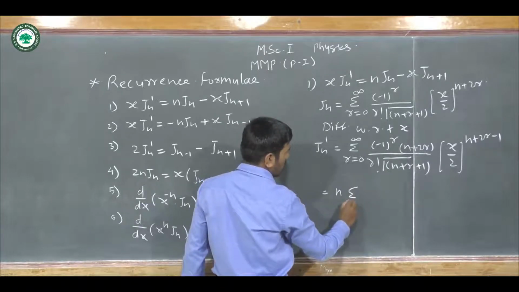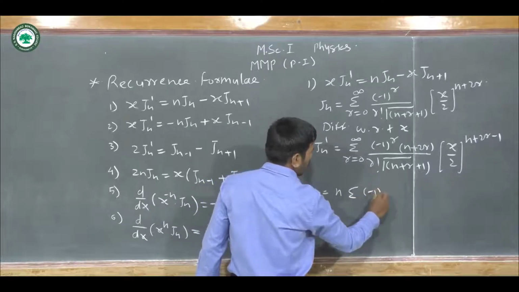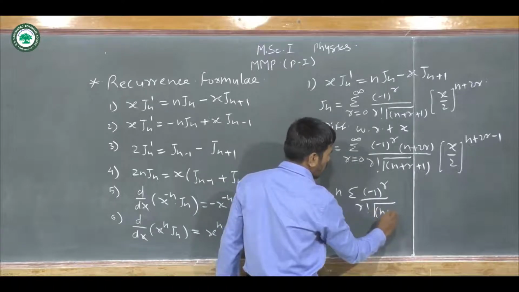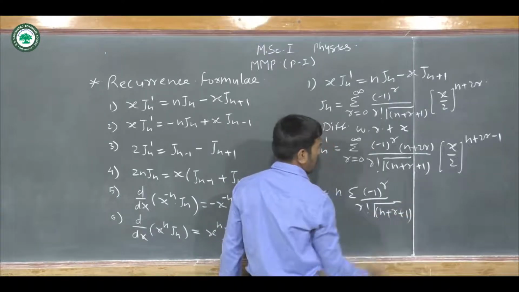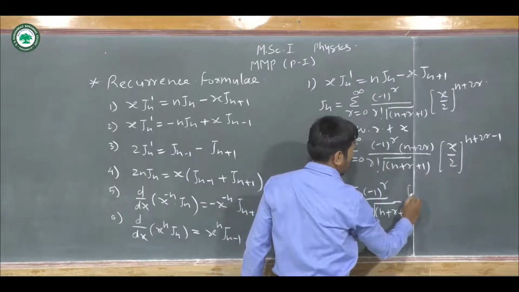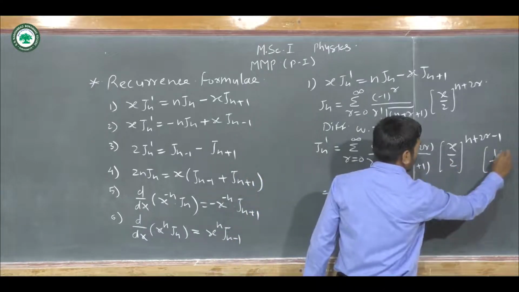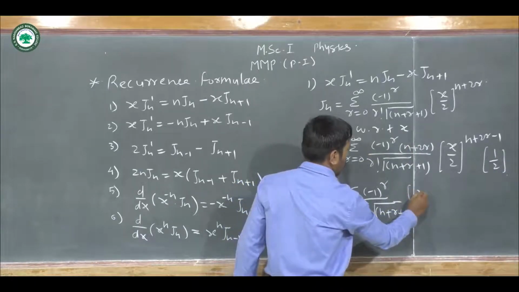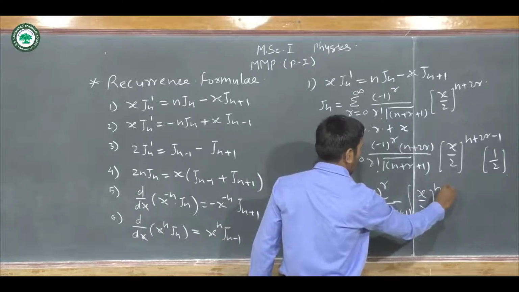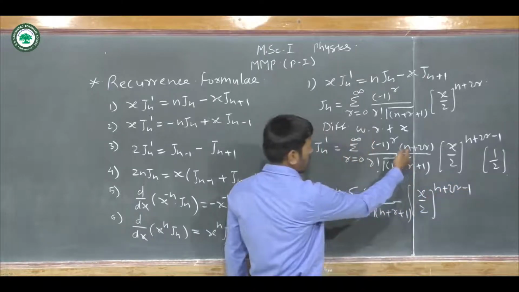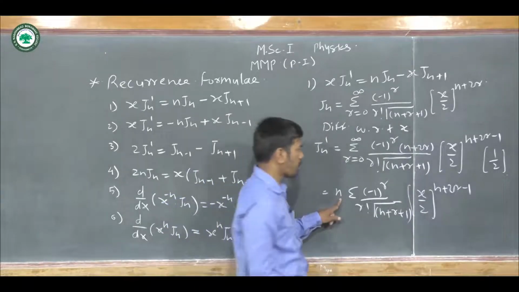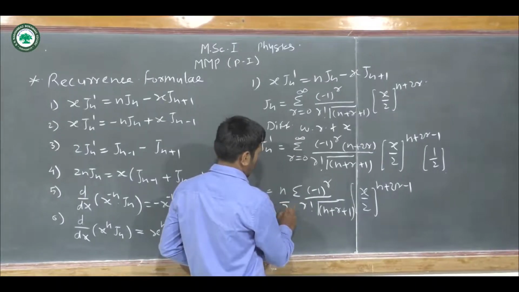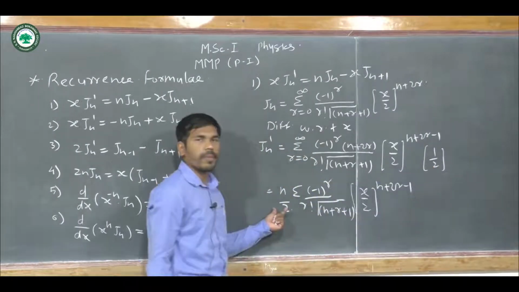So it is n times the summation of minus 1 power r divided by r factorial gamma of n plus r plus 1, into x by 2 power n plus 2r minus 1, with a factor of 1 by 2 after the differentiation.